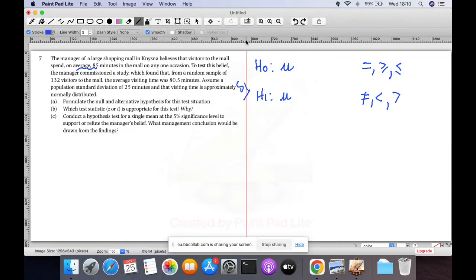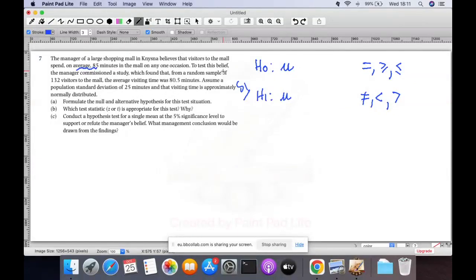That boils down to reading the question. You got to try and gather from the information whether we're just trying to test whether it is that value or not, or whether it's greater than or whether it's less than. If you read the text, it's basically just checking whether they do spend an average of 85 minutes, and that's it. There's nothing about it being greater than or less than or at most.